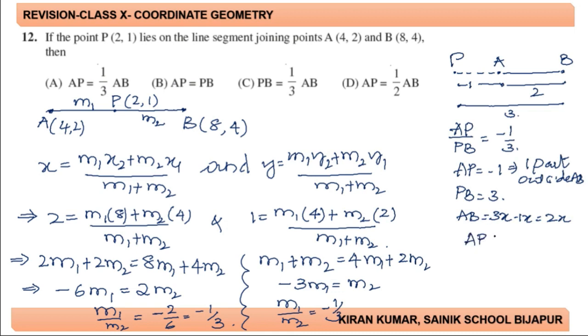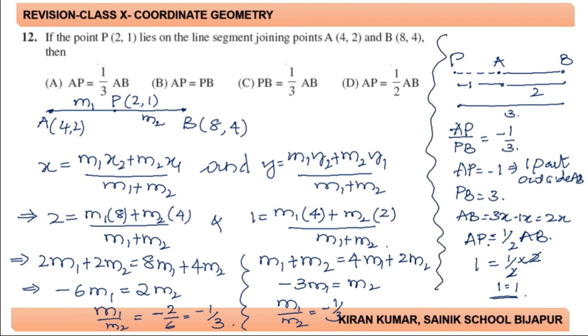So AP will be half of AB. Let me substitute here. AP length 1 equal to half of AB length is 2. So 1 is equal to 1. This is what we get. This is for verification. So this means that the relation AP is equal to half AB is a true relation. This verifies option D is the right answer.